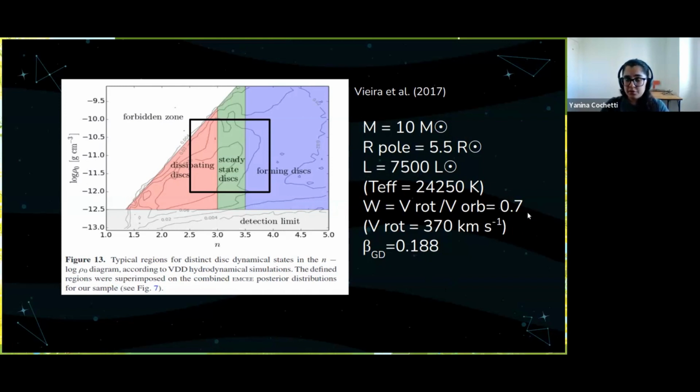And we use a ratio between the rotational velocity and the orbital velocity of 0.7, which gives us a rotational velocity of 370 kilometers per second. And we use this value for the limb darkening.